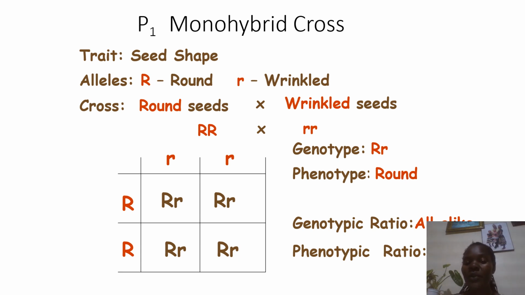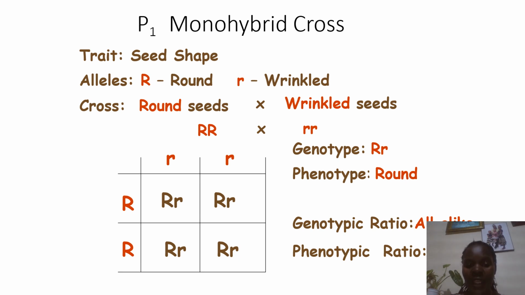Assuming the capital R is from the male, the small r is from the female. So the female is homozygous recessive, the male is homozygous dominant. Then we talk about parental generations. The parental genotypes will be homozygous recessive and homozygous dominant.